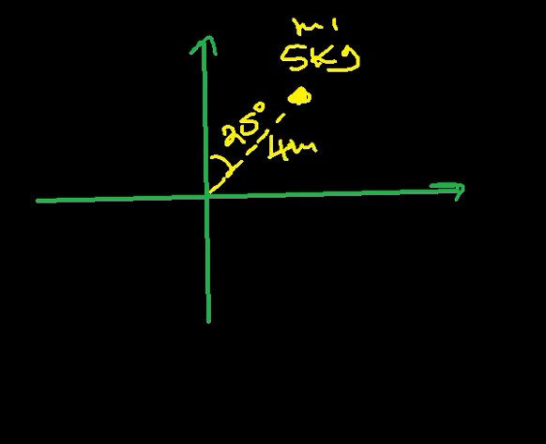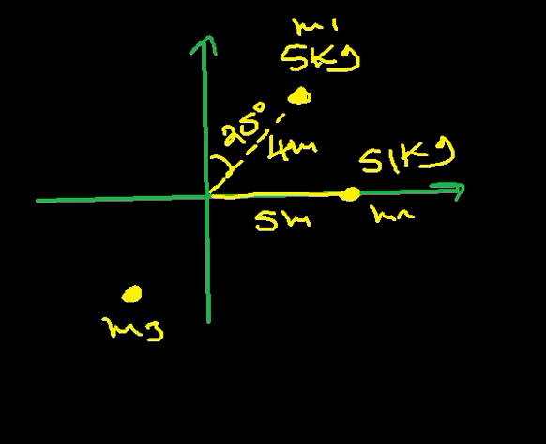And let's say we have another object here, of mass 2, given as 51 kgs, and the distance is 5 meters. And another object of mass 3, about 20 kgs, and assuming that the angle is 49 degrees.